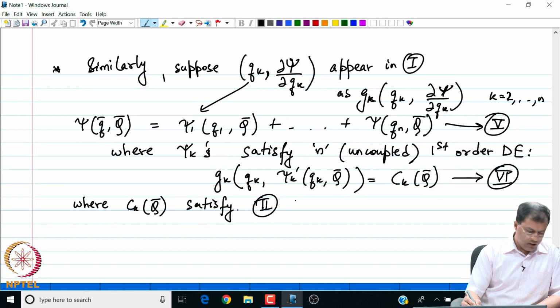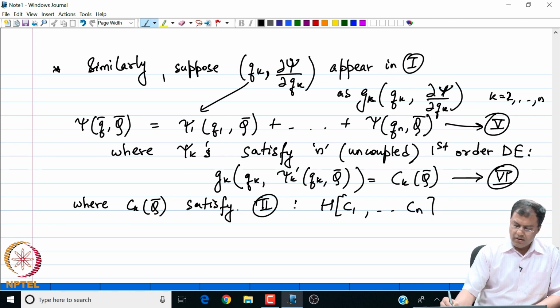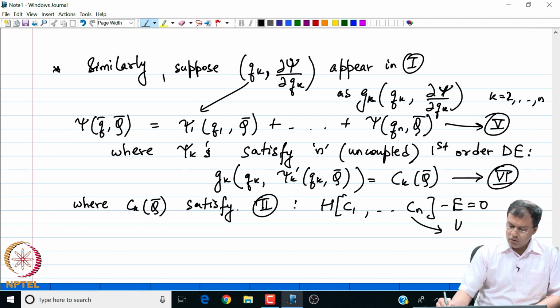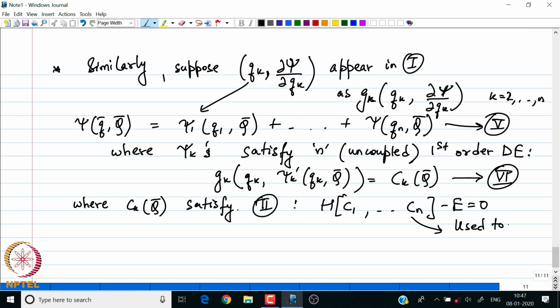So they satisfy 2, which means that H of C1, C2, Cn minus E is equal to 0. Essentially, this equation is used to eliminate one of the Ci's, right. So which means that Ci's are not completely linearly independent of each other, but there is one linear dependence with which we can eliminate one of the constants. Okay.